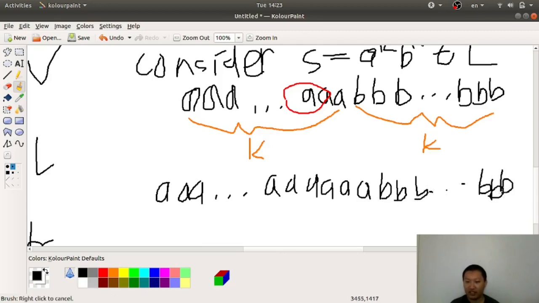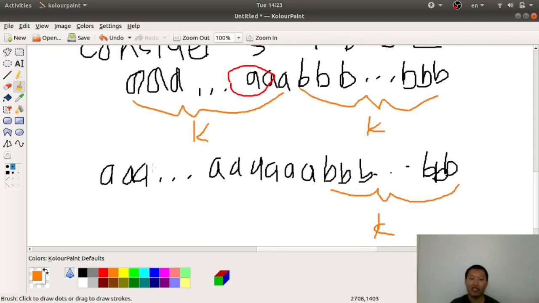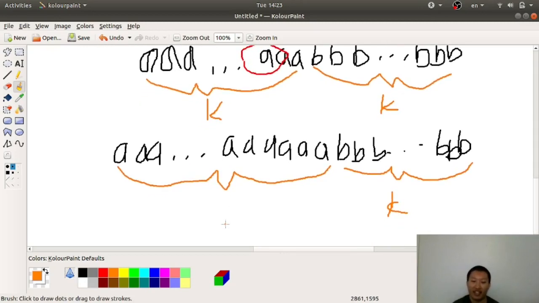So what do we have here? Now we still have B k times, because remember we haven't changed that. But now we've pumped some substring within here, and now we have more than k A's. So we have k plus an additional number which we pumped.